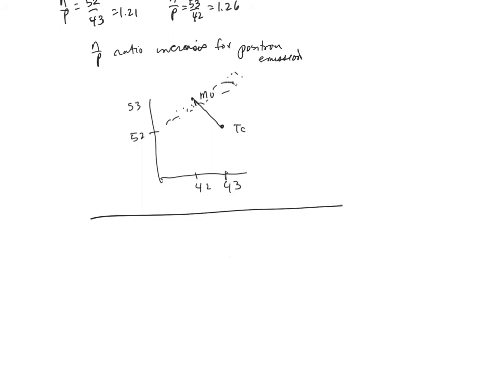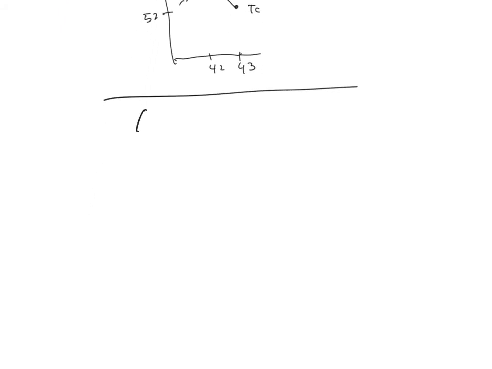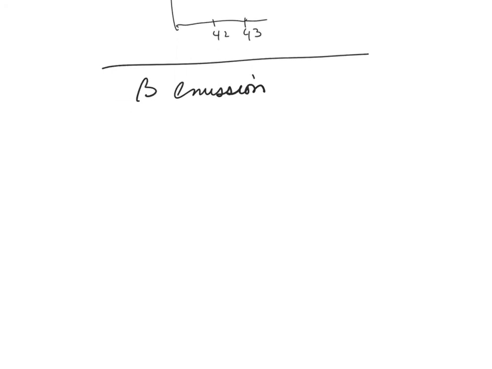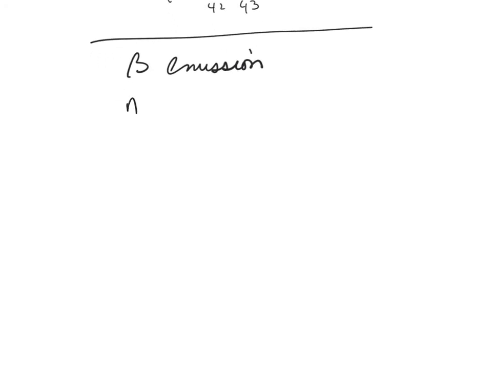The next one is beta emission. And this process is a neutron forming a proton plus an electron.